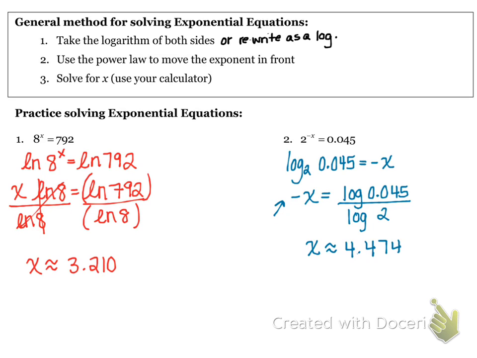Now for these, you can check and do 2 to the negative 4.474 to get about 0.045, but you don't need to check it as far as rules go, because you can have 0 in the exponent and you can have a negative number as an exponent.